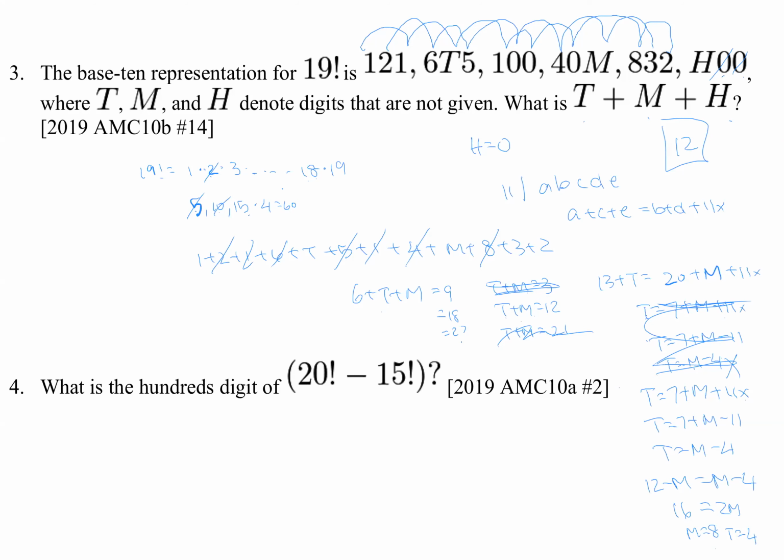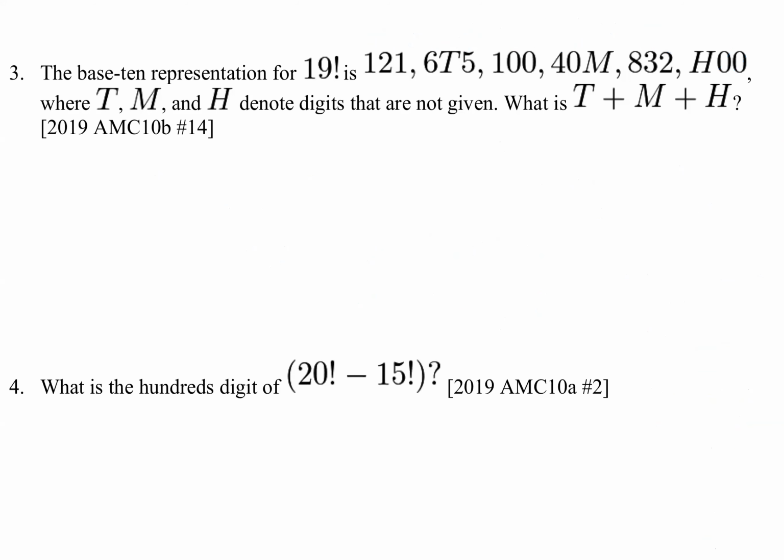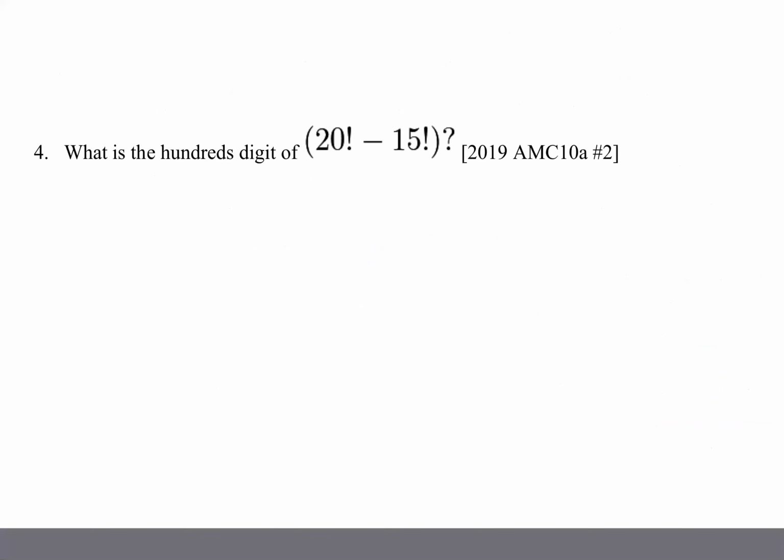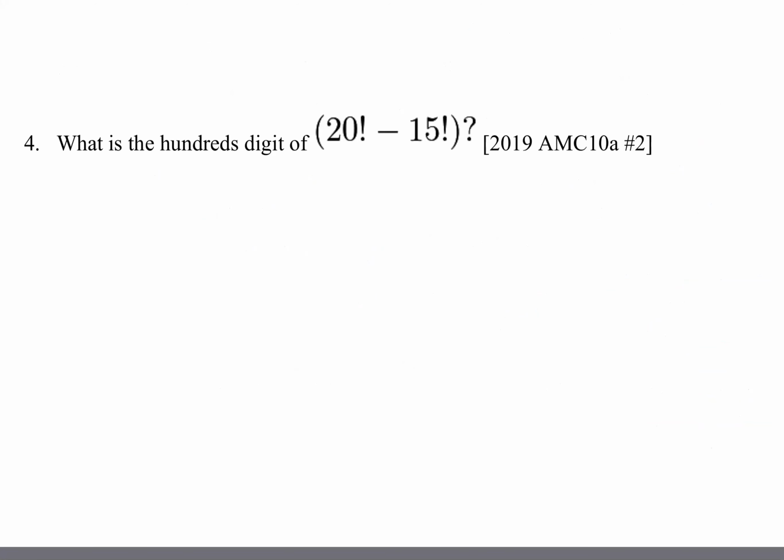Alright, since there's no questions, we can go on to the next problem. What is the hundredths digit of 20 factorial minus 15 factorial? I'll give you guys a couple seconds to think about it.